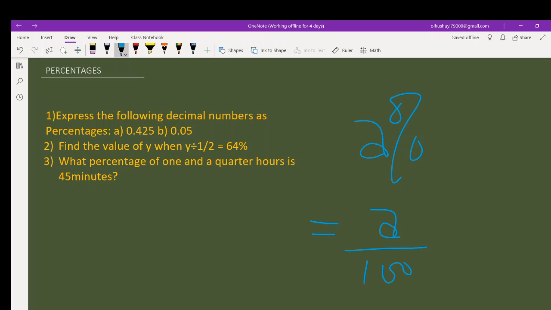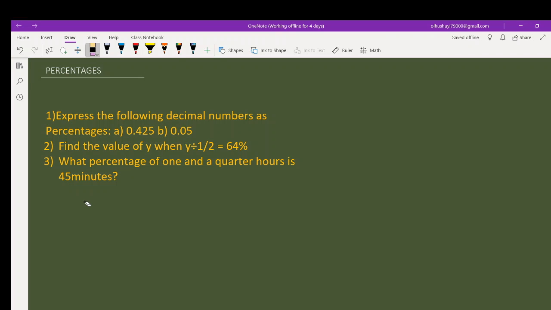But if you are told to express something as a percentage of the other one, there are different areas of percentages. So let's just treat some of the questions to have a better understanding of what I'm talking about. Now, the first one says express the following decimal numbers as percentages.